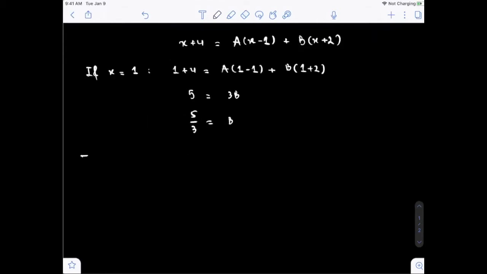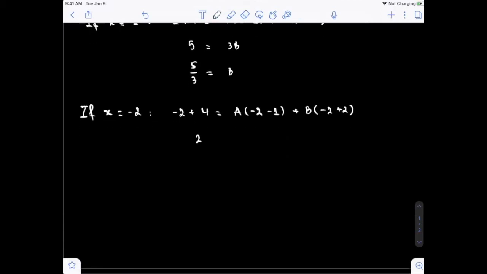Now to get A, if x equals negative 2, then you have negative 2 plus 4 equals A times negative 2 minus 1 plus B times negative 2 plus 2. So this is 2 equals negative 3A, or A is equal to negative 2 over 3. So you will be able to obtain A and B in this way.